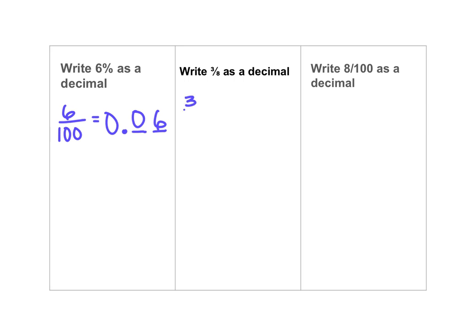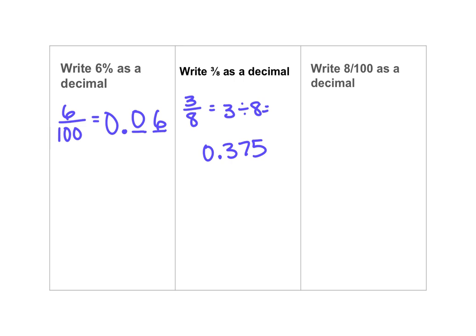3/8 as a decimal. In my calculator, I would do 3 divided by 8, and you get 0.375, or 375 thousandths.